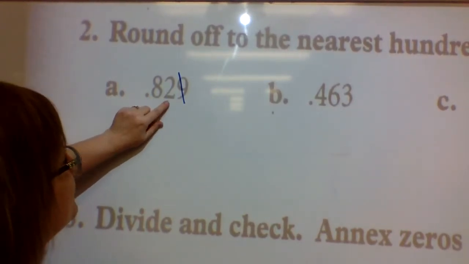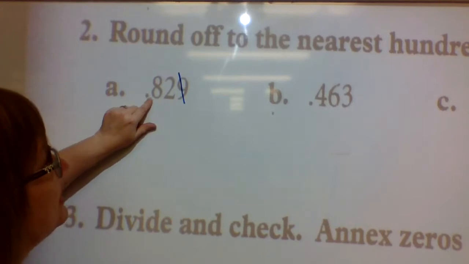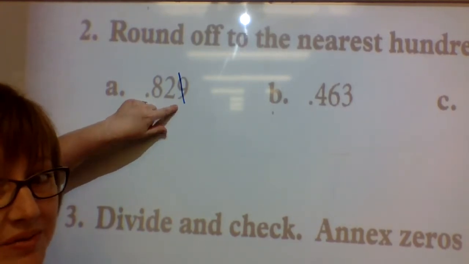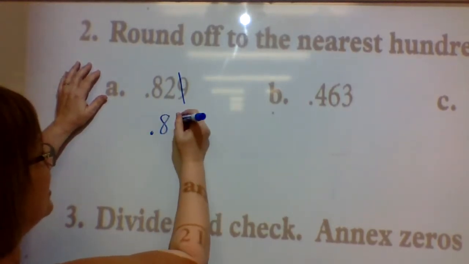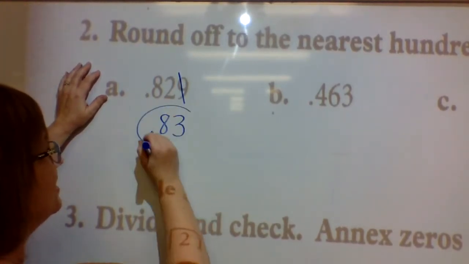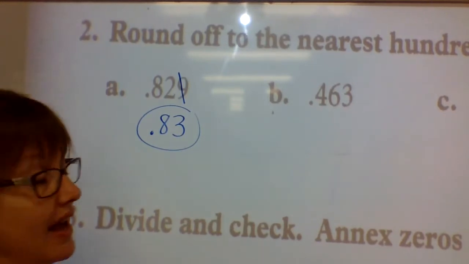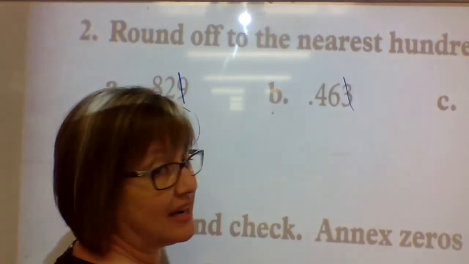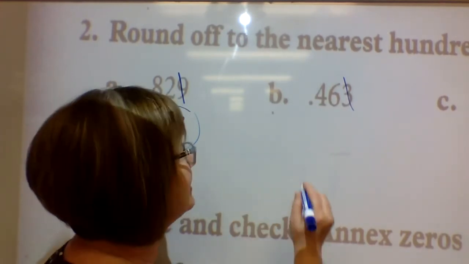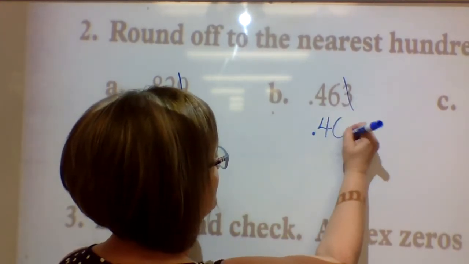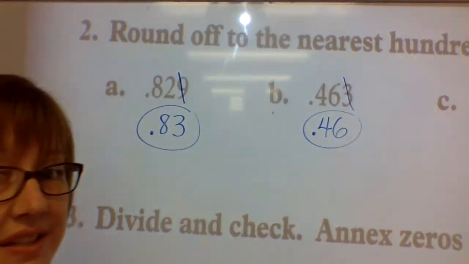Okay, so it's either going to be 82 hundredths or 83 hundredths. What does 9 do? It makes it go up. Okay, so either next to it or under it, I don't care. Write 83 hundredths. Okay, 46, that one's dead. Did it get to round up or down? It doesn't get to round up, so it stays the same. 46 hundredths. Do you see?